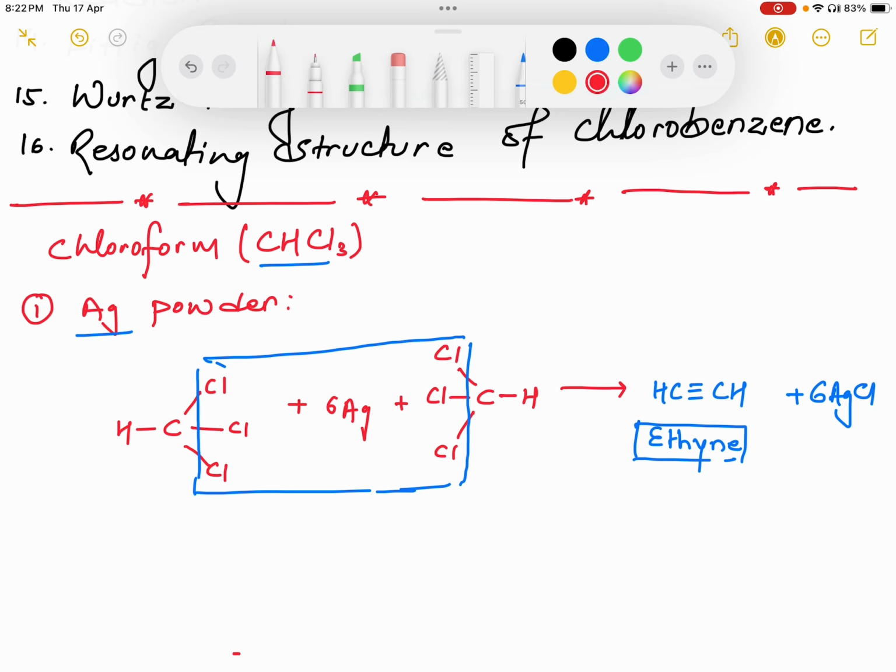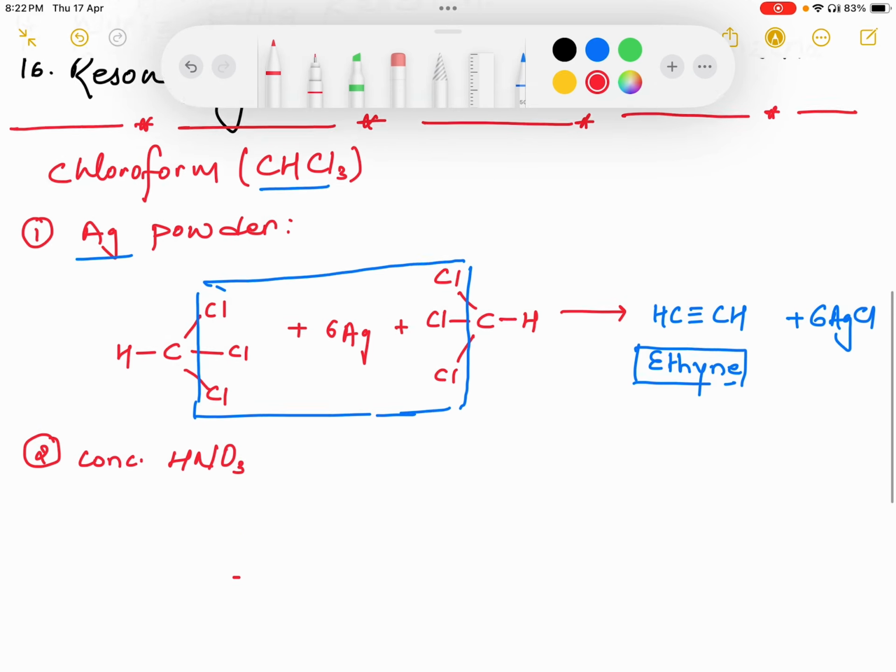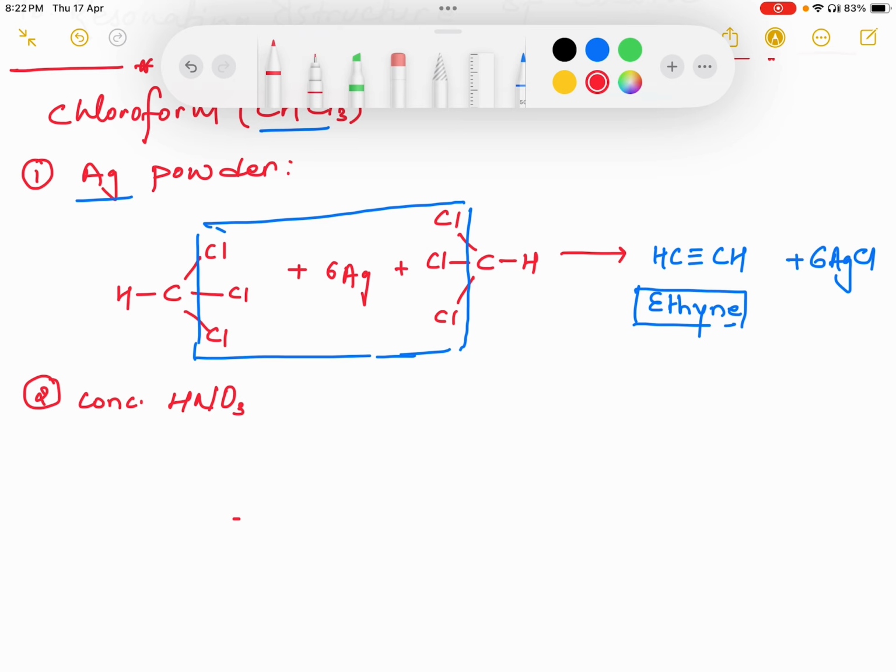Next we have the reaction with conc HNO3. So what exactly happens when chloroform is reacted with conc HNO3?